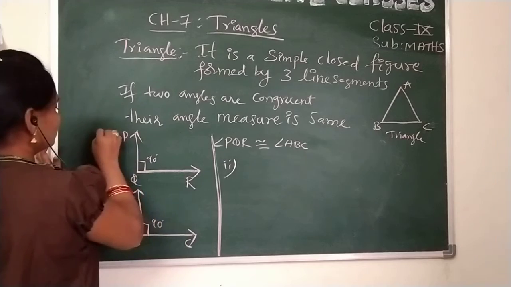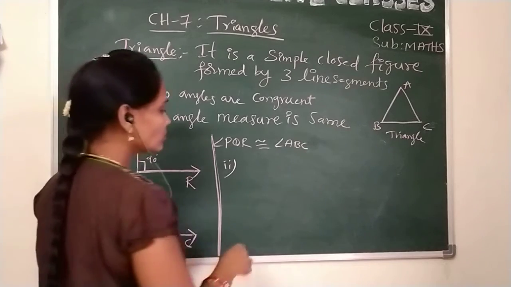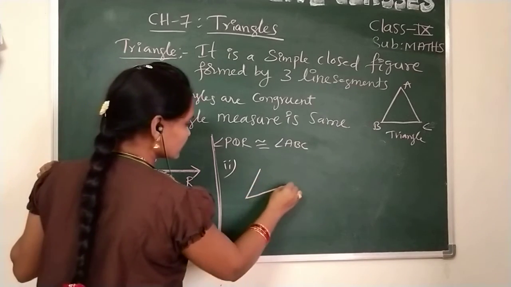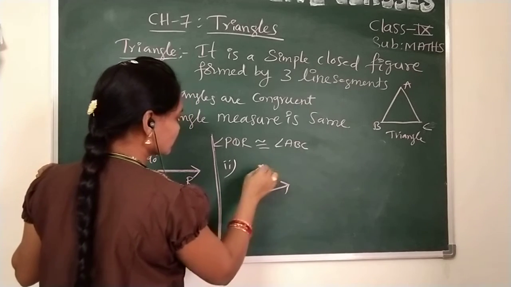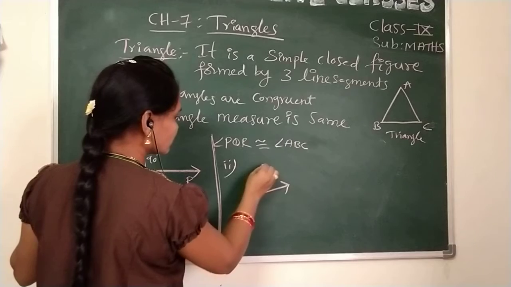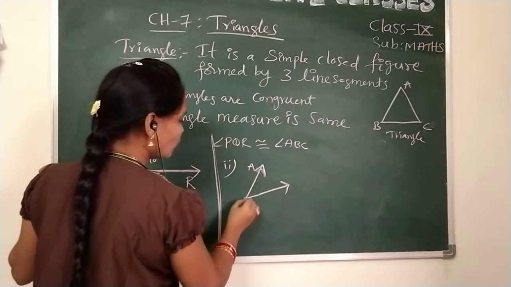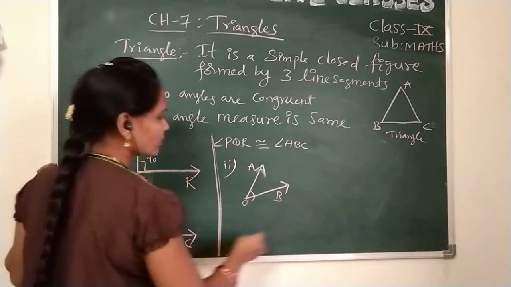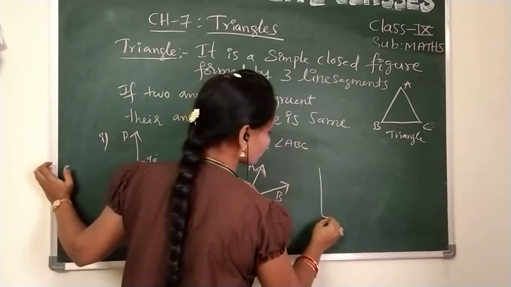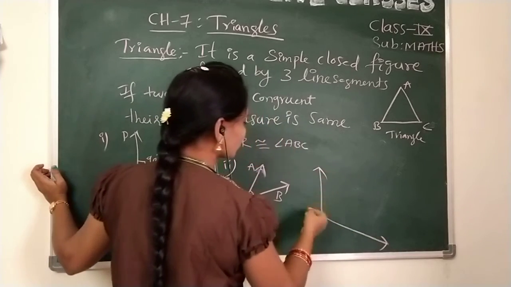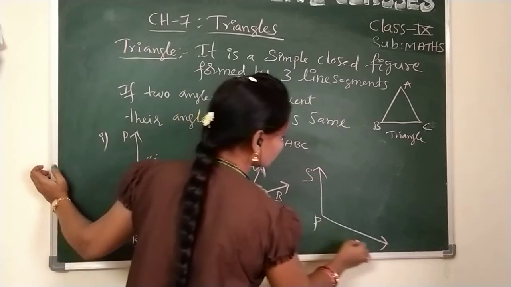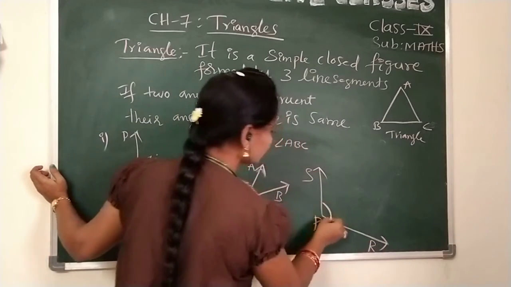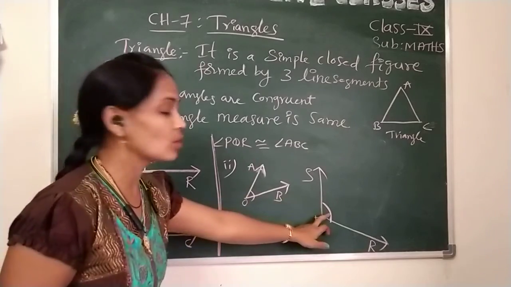The angles which are not congruent: see, angle AOB and suppose angle SPR. Just see, these two angles are not congruent.